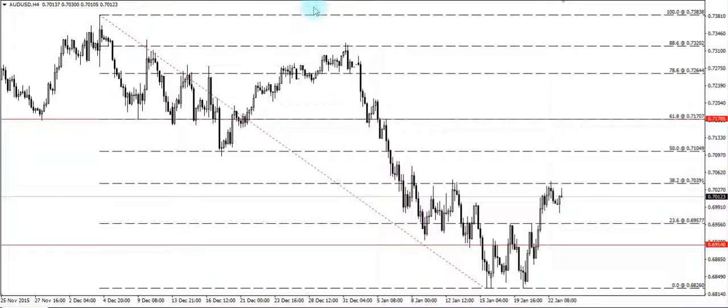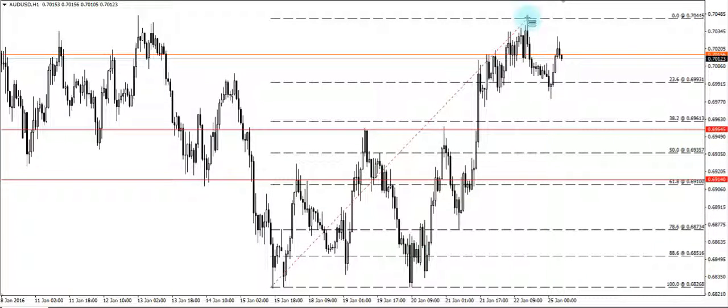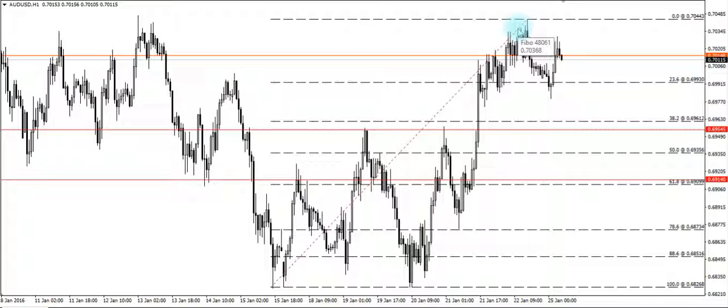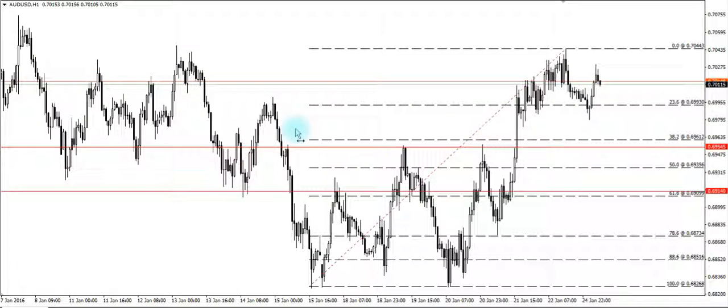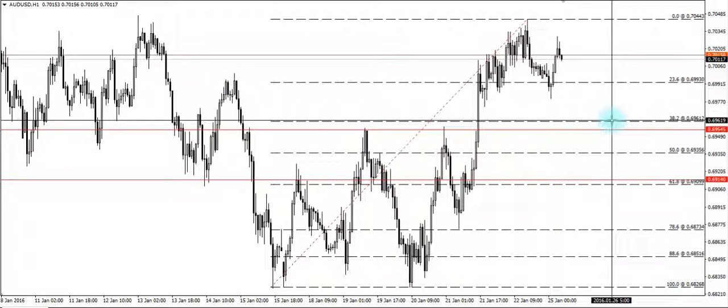Zooming into an even smaller time frame, the 1-hourly chart, let's plot a Fibonacci retracement. What we can see right here is that we can expect the price to retrace back to the retracement level of 38.2%.